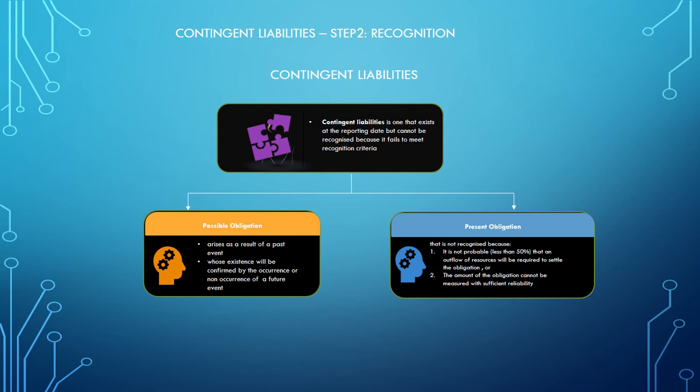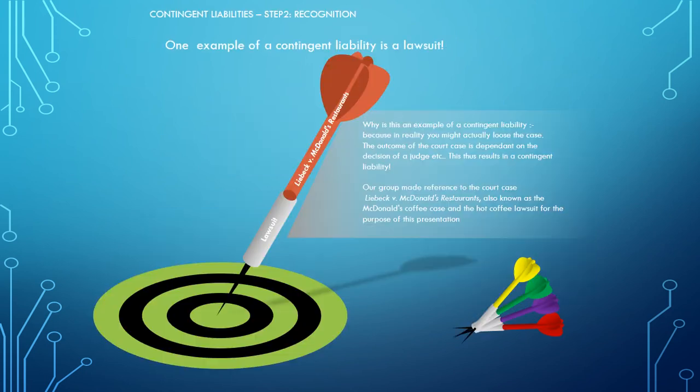And this will really become a lot clearer as we get towards the decision tree when we work in our example, because that decision tree is really critical to understanding how to deal with something within your management reports or your financial notes or statements. So, if it's possible, if it's present, we can read through these ideas and draw up a nice little table to help us make decisions correctly.